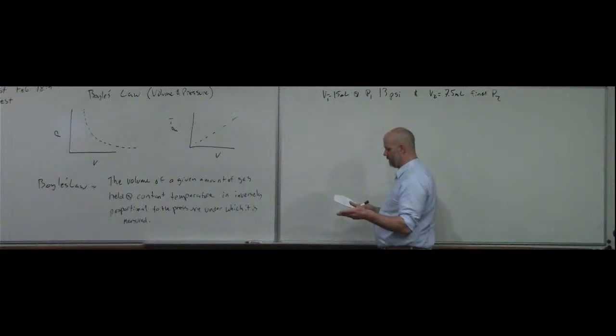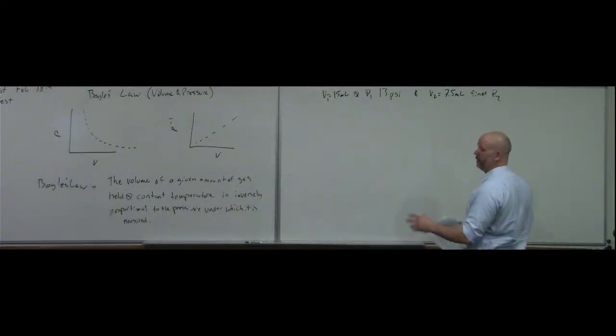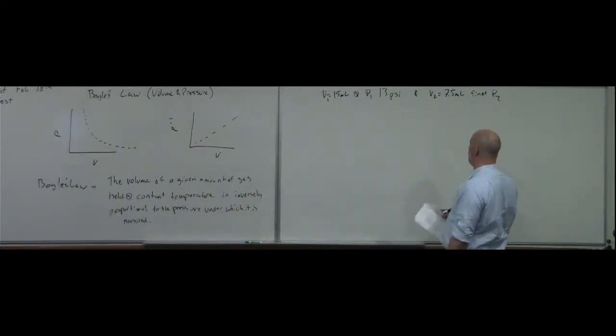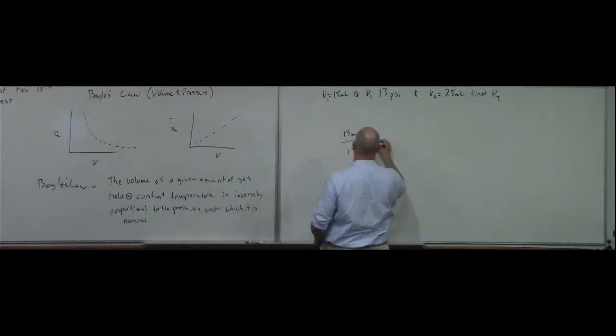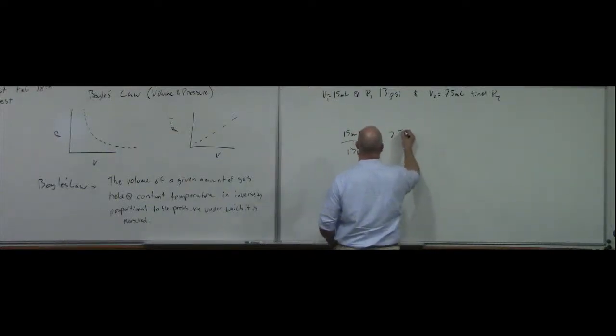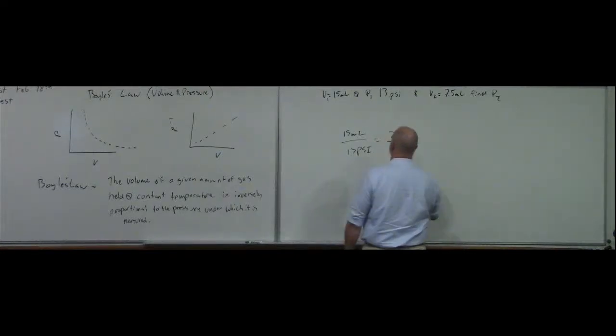It wants us to do this 3 different ways. Why does it want us to do this 3 different ways? Doing this the way that's simple and straightforward, you know how to do this, right? So we're just going 15 ml over 13 psi equals 7.5 ml over x, right?